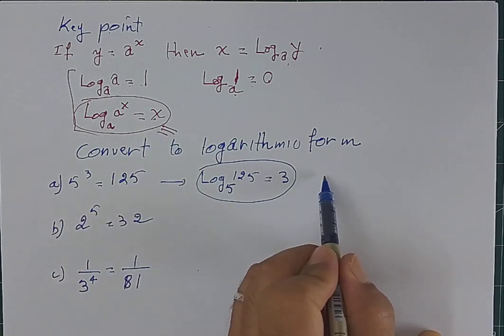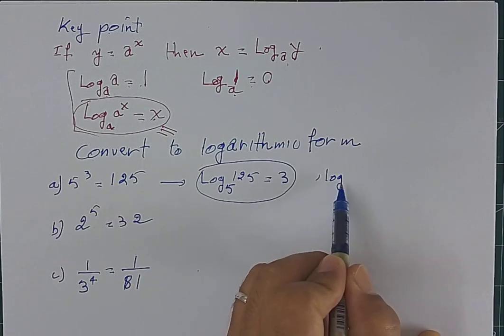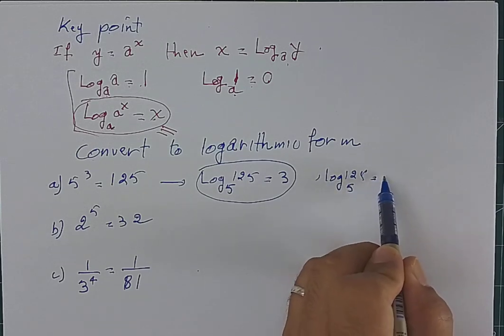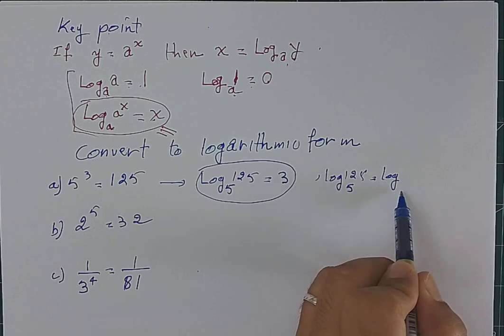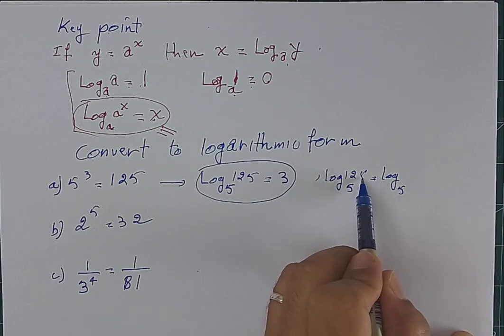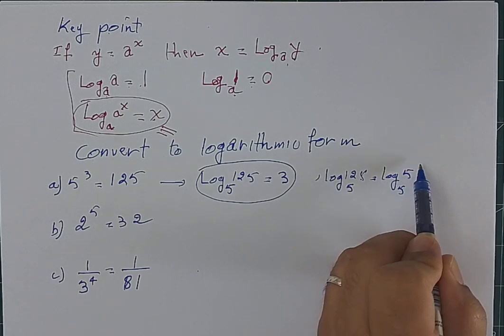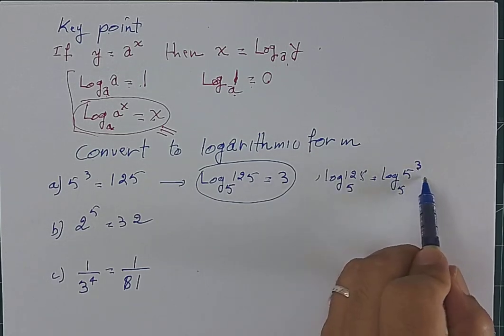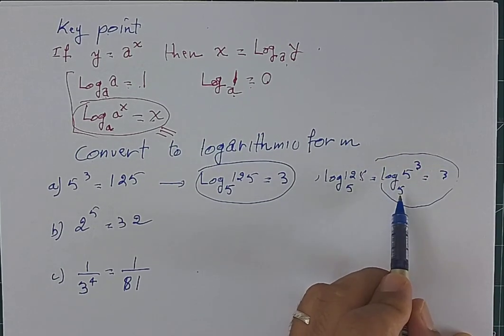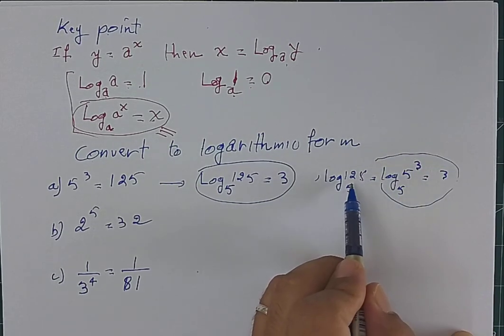Here we have log of 125 base 5 equal log base 5, but instead of writing 125, I write 5 to the power 3. So the same thing here equal 3. It is easy to find the value of this quantity.